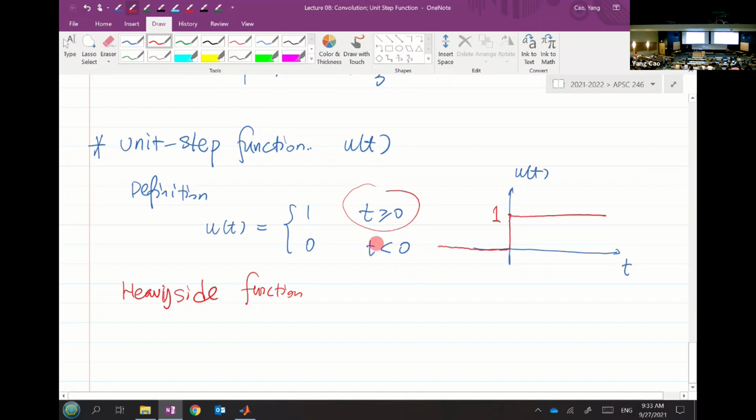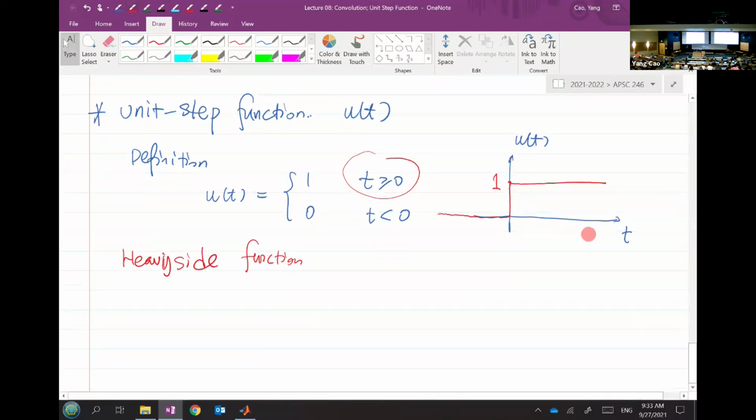So what's the benefit of this unit step function? That's essentially what we want to figure out. And there are actually so many benefits. For now, I'll give you one benefit, and for future system response and system calculation, we have other benefits that I can show you when it comes to the unit step function.